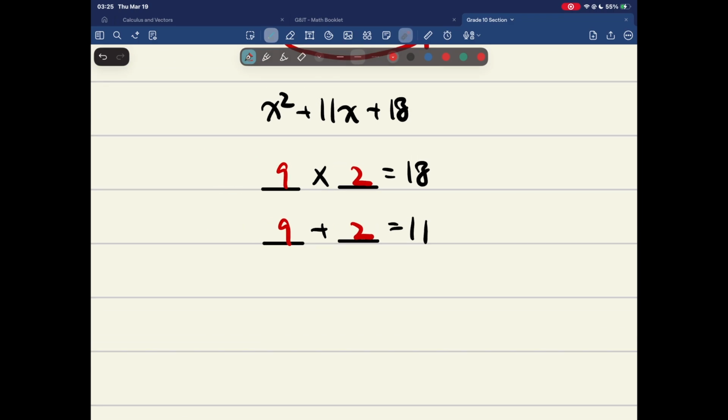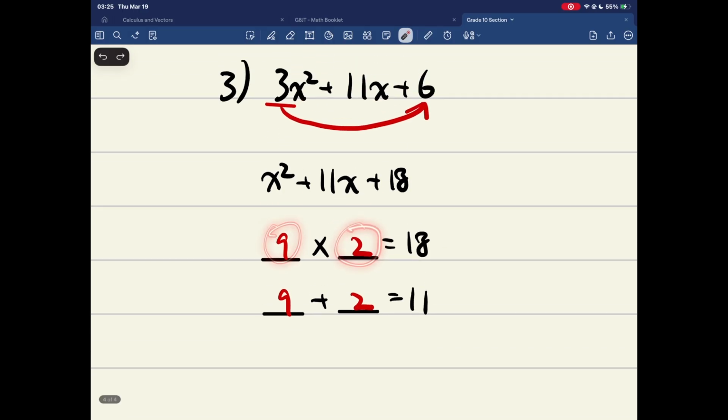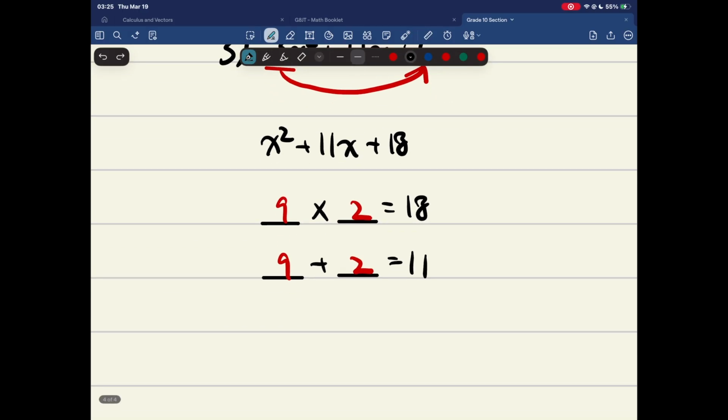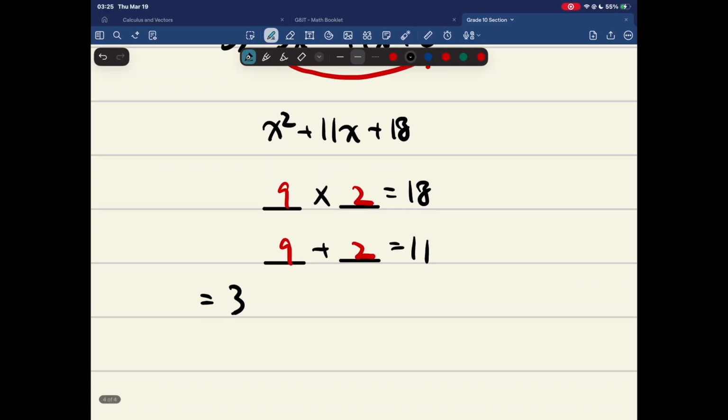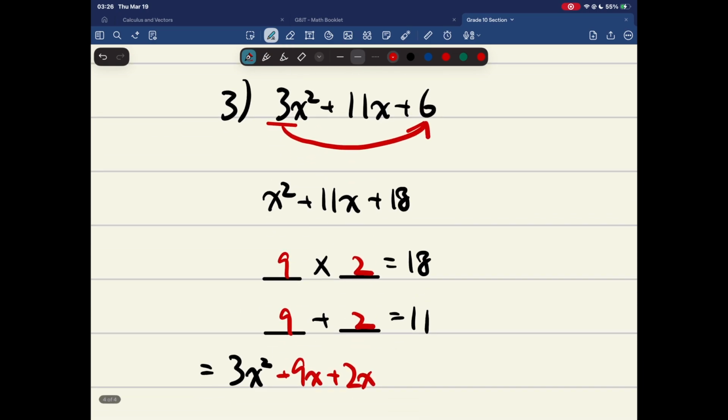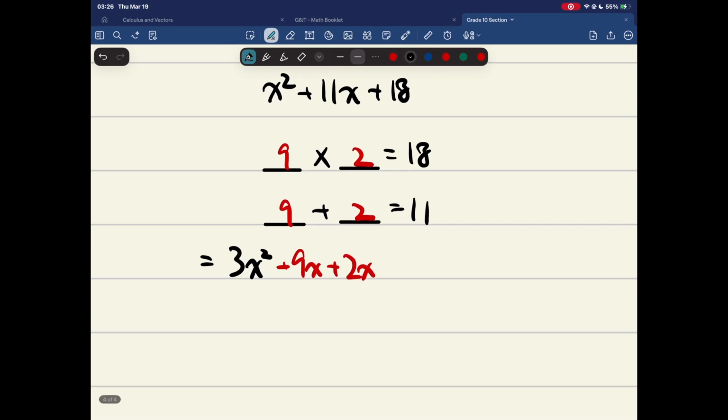And once we have these two numbers, we'll refer back to the original equation. So we can write 3x squared plus 9x plus 2x plus 6.